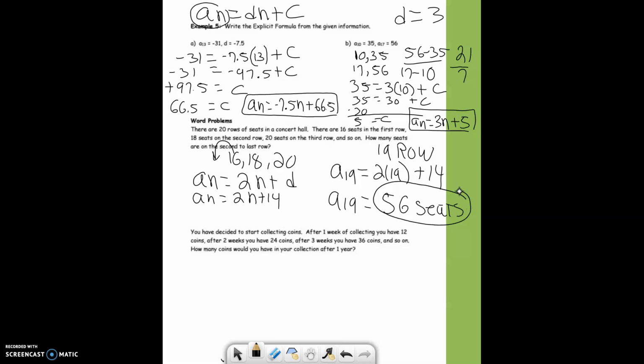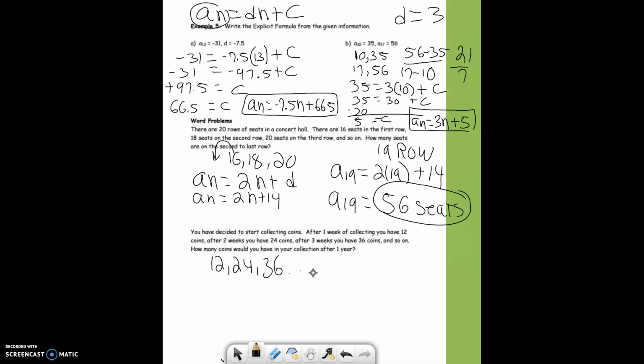Now my last problem. We have decided to start collecting coins. We collected 12 coins the first week, 24 coins in the second week. The third week we got 36 coins, so hopefully we're seeing a pattern here. What are we doing? 12, 24, 36, and so on. We're doing this through the whole year.